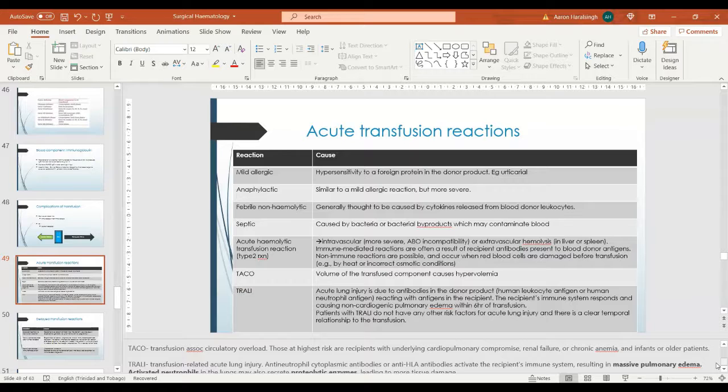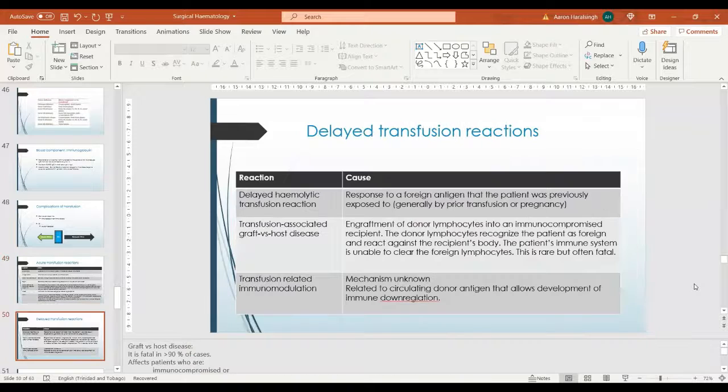The recipient's immune system responds and causes a non-cardiogenic pulmonary edema, usually within 6 hours of transfusion. Patients with TRALI usually do not have any risk factors for acute lung injury, and there's usually a very clear time-related relationship with the transfusion.